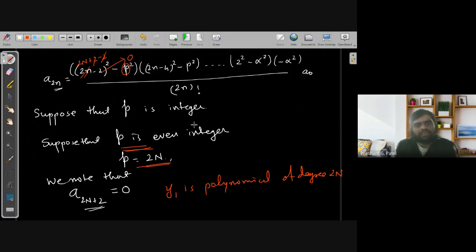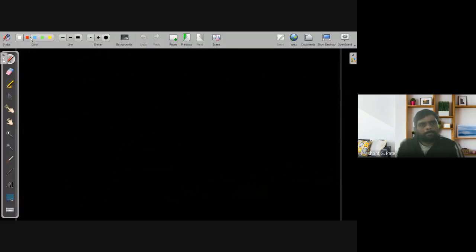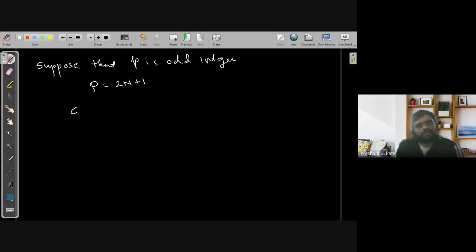If p is an odd integer, then what will happen? Can somebody tell me? So next, suppose that p is an odd integer. Odd integer means the value of p is 2n plus 1. Then what will be the value of a 2n plus 3?